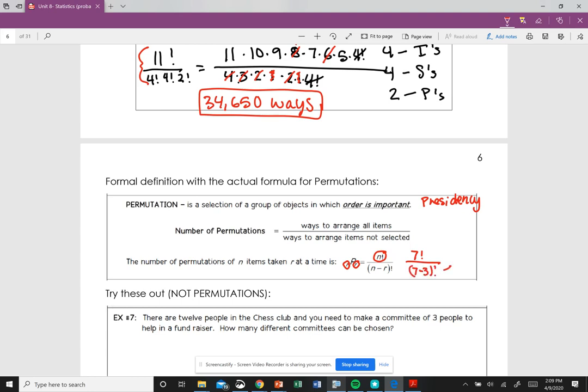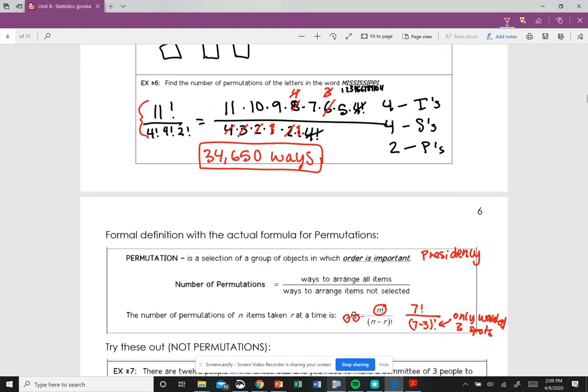The reason for this, we only wanted 3 spots. That's it. We only wanted 3 spots, so we did that. However, on this problem, we divided by this because this was getting rid of repeated letters.